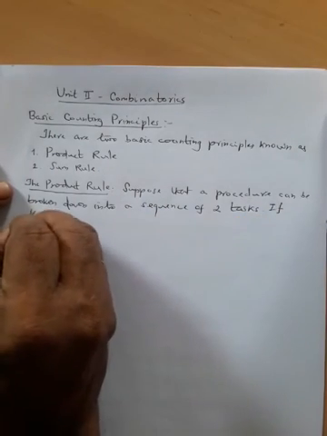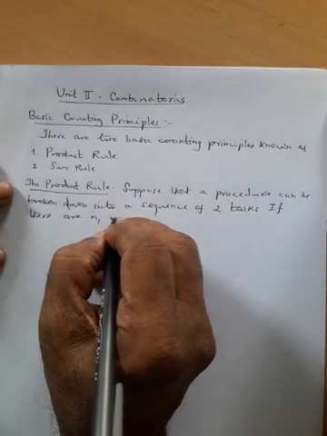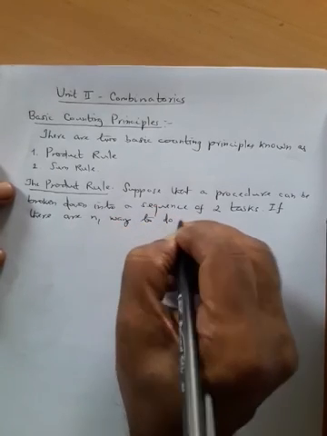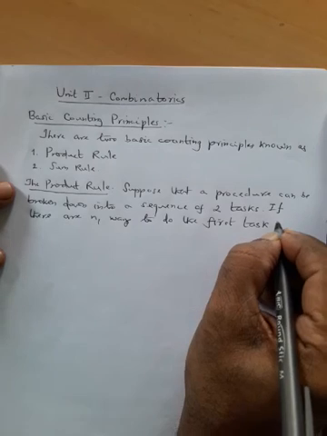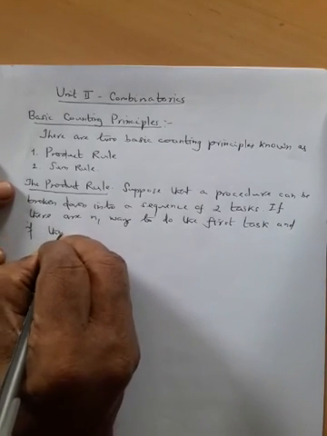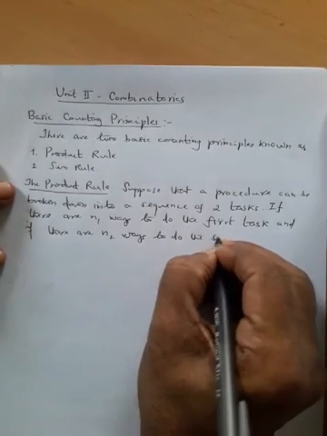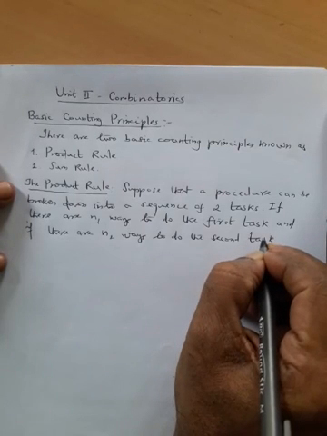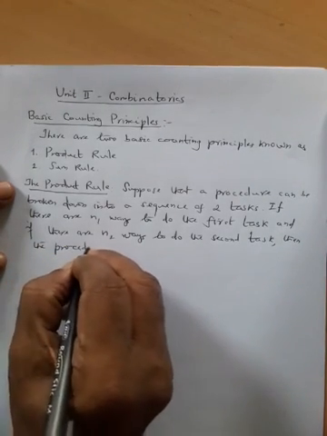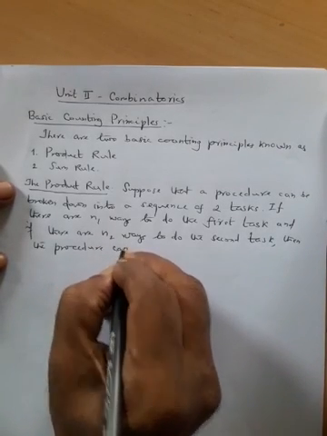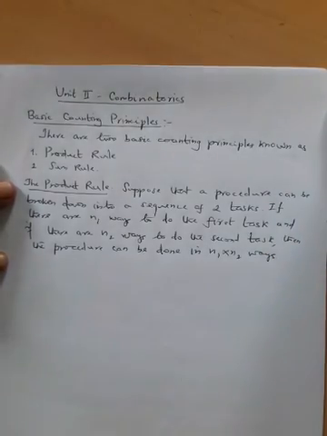If there are n1 ways to do the first task, and if there are n2 ways to do the second task, then the procedure can be done in n1 into n2 ways. So this is the product rule.